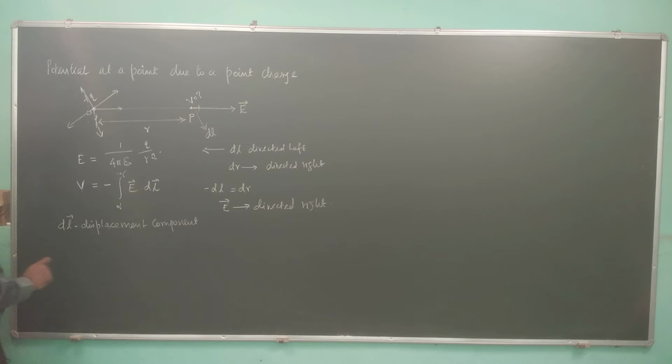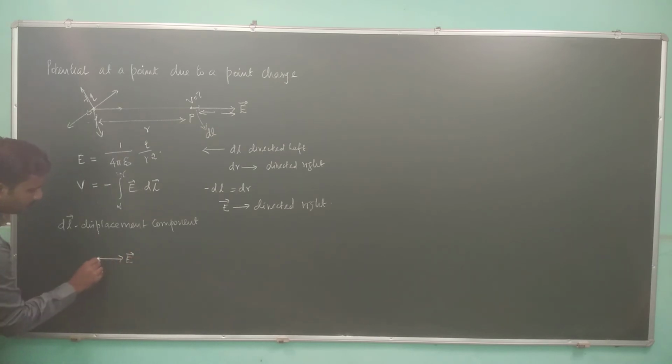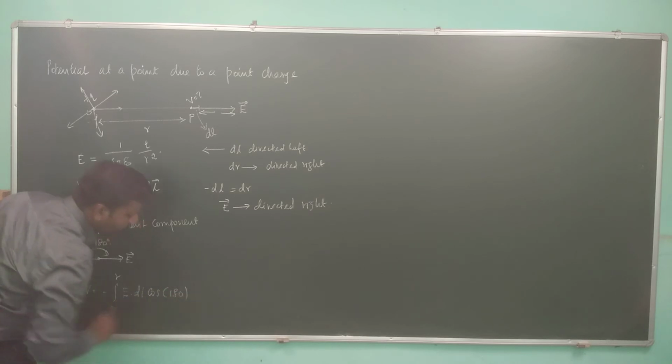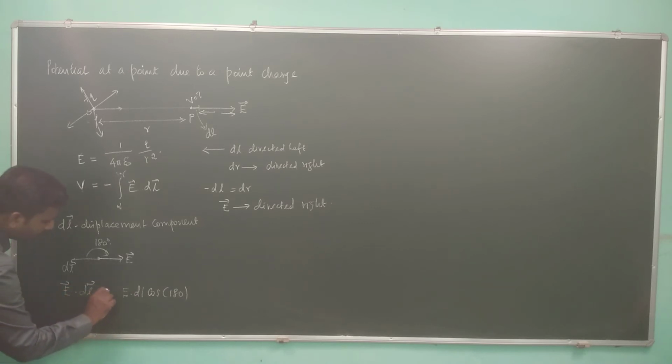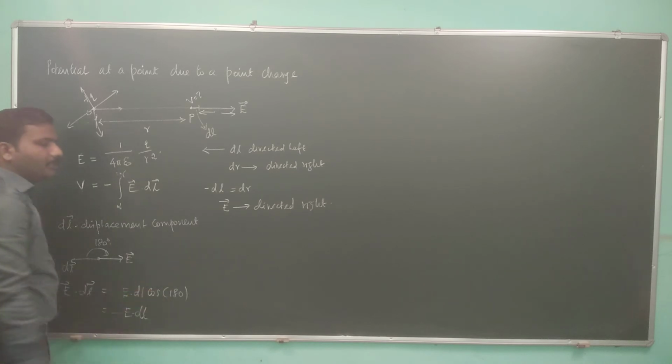Here the dl vector goes left and the E vector goes right, so the angle between them is 180 degrees. So you can write E vector dot dl vector equal to E dl cos 180, which becomes minus E dl, because cos 180 is minus 1.